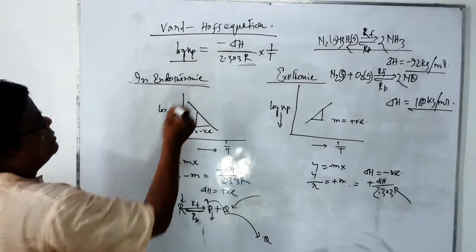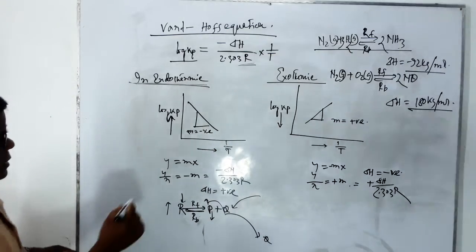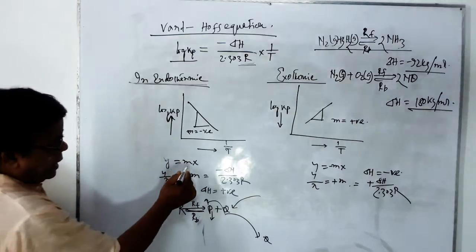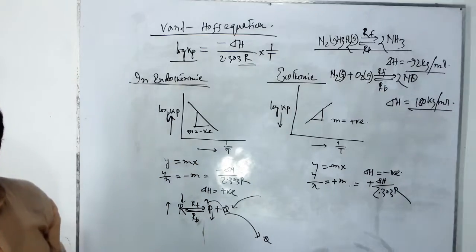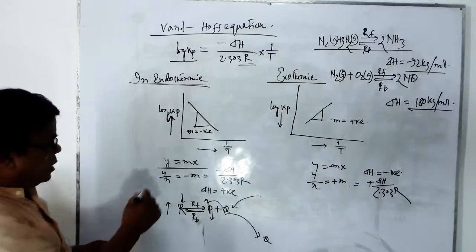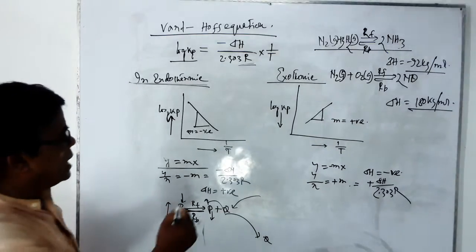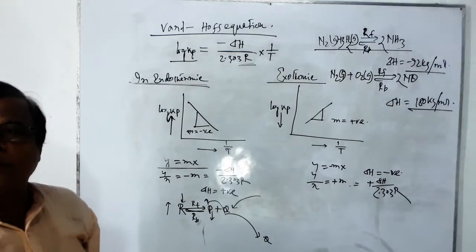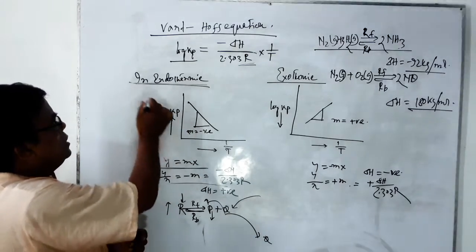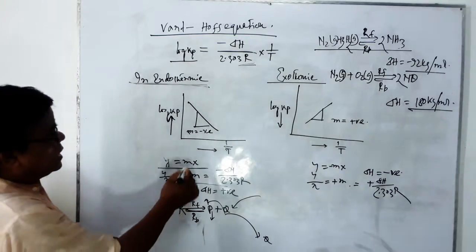In the case of an endothermic reaction, we take X as 1 by T and Y as log Kp, which is the equation of a straight line, y = mx, where the slope is equal to minus ΔH divided by 2.303 R. When the temperature of an endothermic reaction increases, the rate of the reaction also increases.